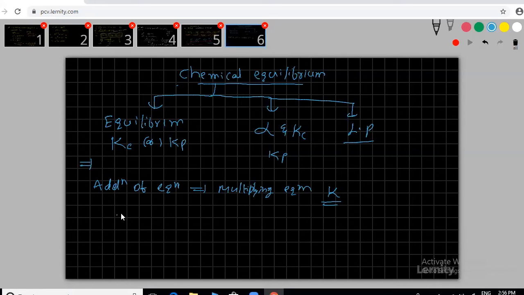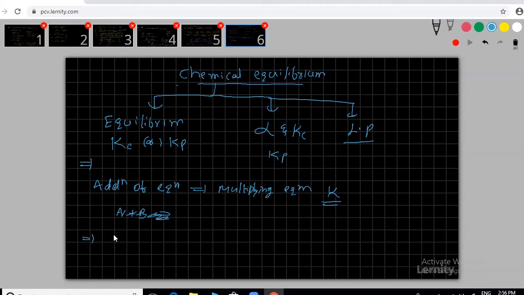For example, A plus B gives rise to something. I'll give an example, sir. All these things.